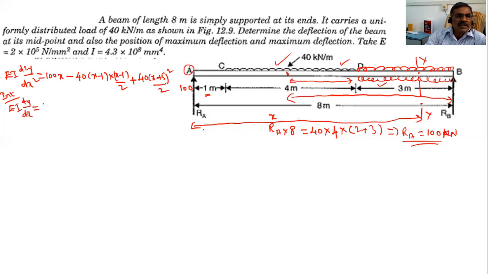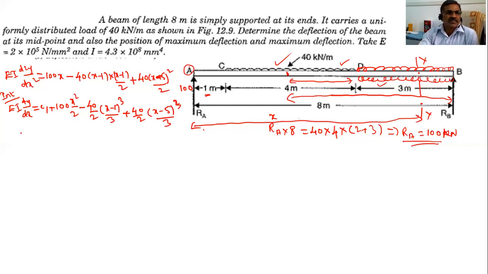So you take the constant here, plus 100 x square by 2, minus 40 into x minus 1 the whole square by 2, so 40 by 2 into x minus 1 whole square, by 3, plus here 40 by 2 into x minus 5 the whole cube by 3.